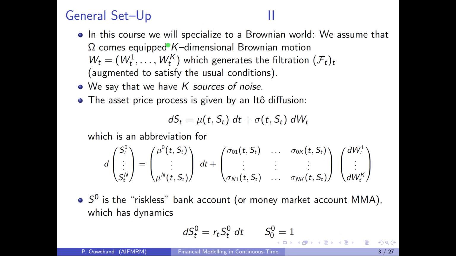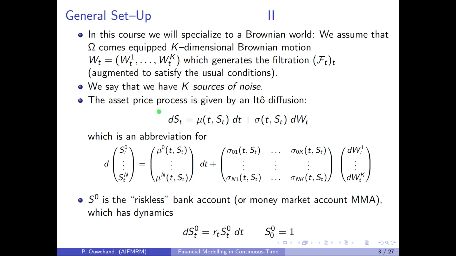In this course, we will specialize to a Brownian world. We will assume that Omega, the sample space, comes equipped with a k-dimensional Brownian motion, W, which consists of components W_1 up to W_k, and that Brownian motion generates the filtration F_t, augmented to satisfy the usual conditions. In that case, we say that we have k sources of noise.